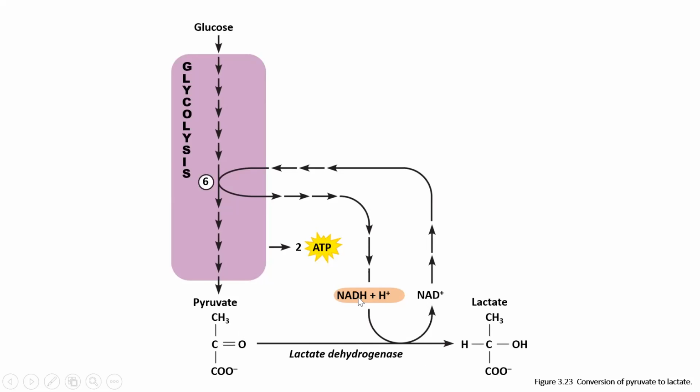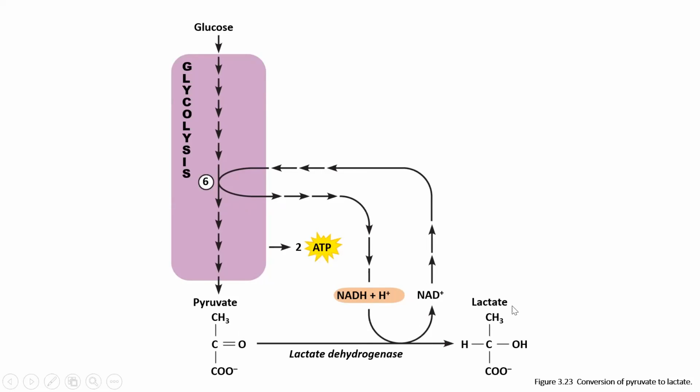And here we see that we can oxidize our carriers and recycle them back into glycolysis. So glycolysis will only occur as long as we can continually oxidize our carriers, which is to use the electrons in some way, and recycle the oxidized form of our carriers back to glycolysis where they can be reduced once again.